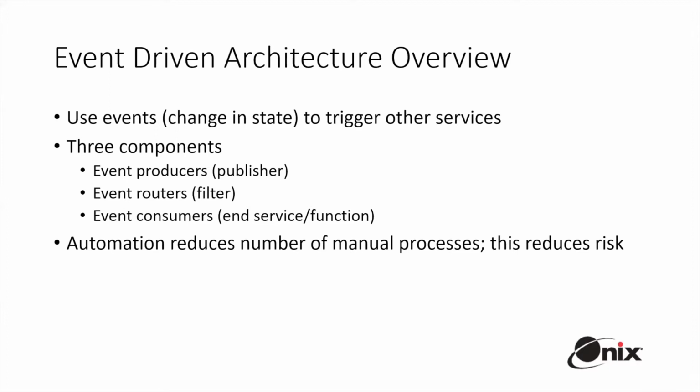All this automation is going to reduce those manual processes, okay? And that's going to reduce your risk. The less time you have to spend doing any manual things, right, your risk level is going to go down. But you do have to remember, right, that you need to provide some oversight and monitoring of these processes to make sure they're working as designed. Okay, so keep that in mind. It's not just set it and forget it. You have to go back and look at these things occasionally to make sure they're working as designed.